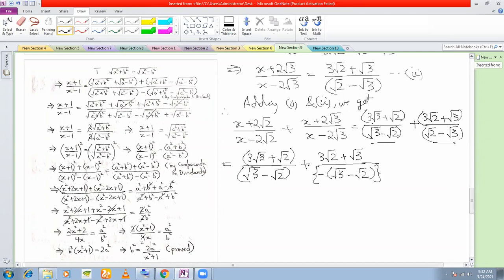Now this plus and minus will combine with each other to give you a minus sign in the next step. Now you take the LCM, the denominators are now the same.